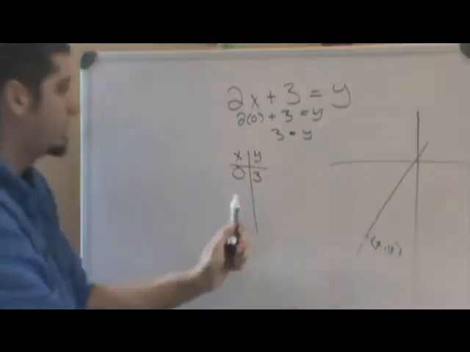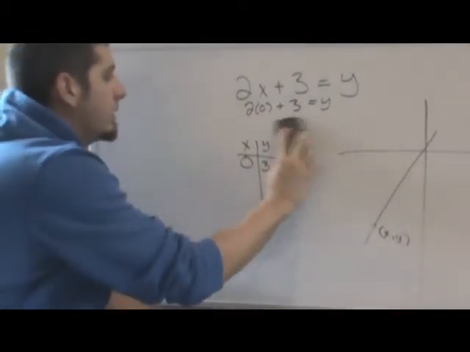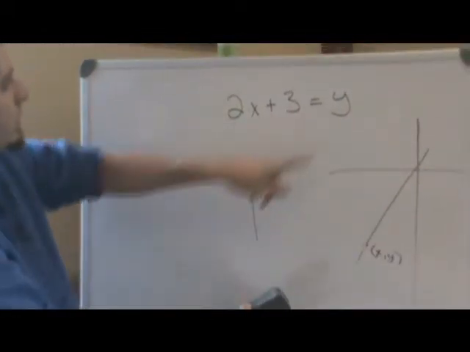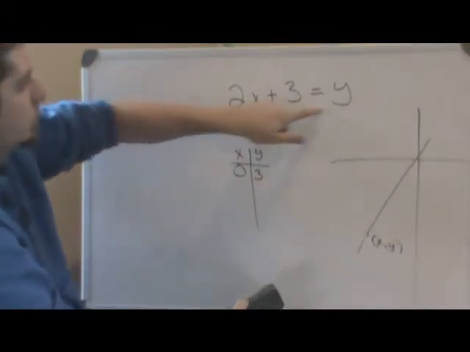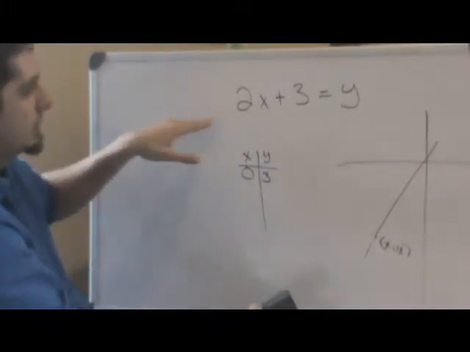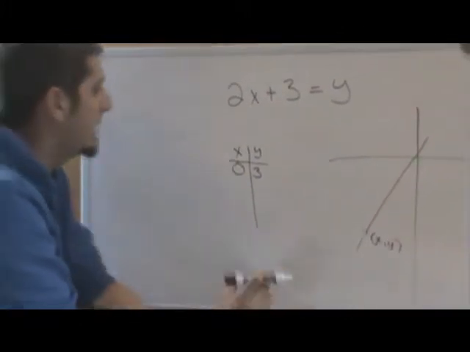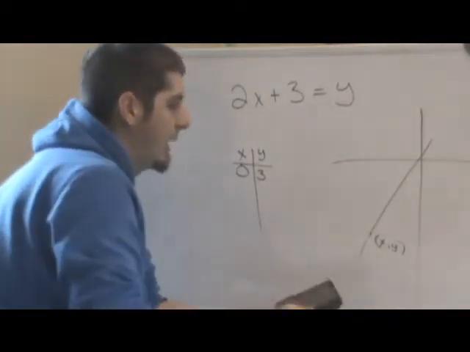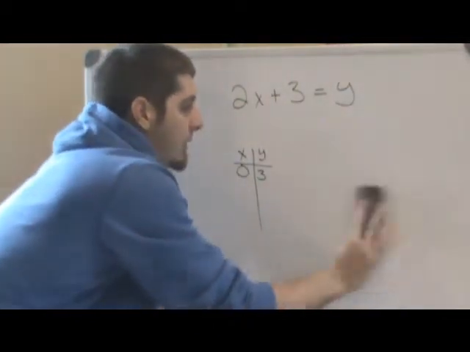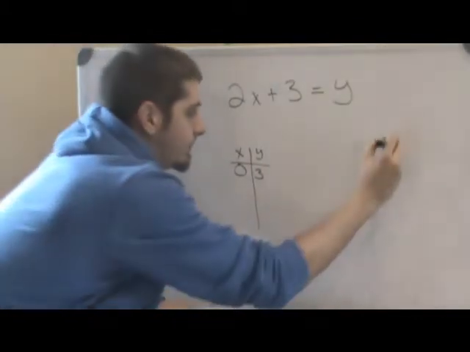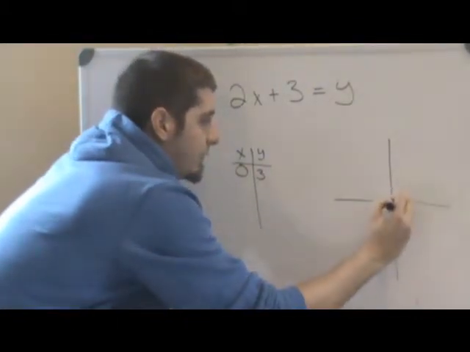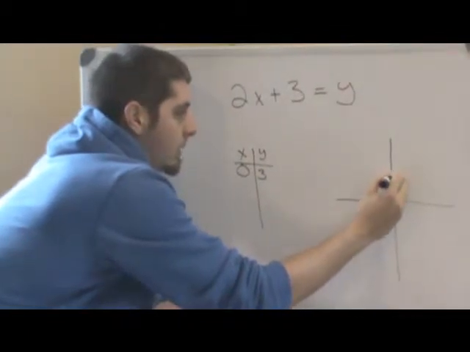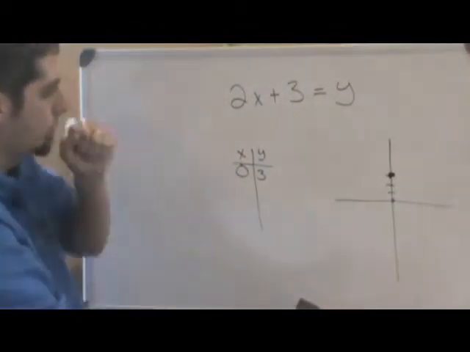So one of my ordered pairs, or one of my points on the line that this equation represents, is (0, 3). If I had a coordinate grid, I would graph that point. I don't move left to right at all because I have an x-coordinate of 0, and I'd go up 1, 2, 3. That would be one of my points.